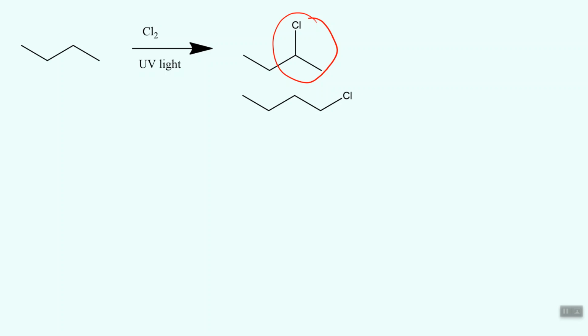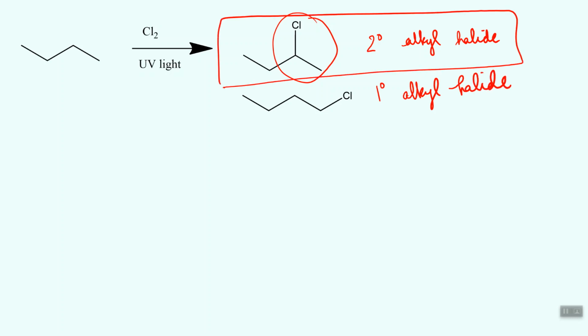And what's important to remember is that here you're going to get a more substituted chlorine or halide, alkyl halide. And here you have a primary alkyl halide. And this is going to be the major product, okay?